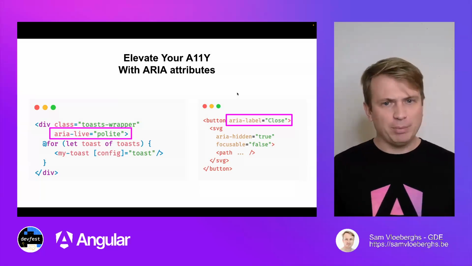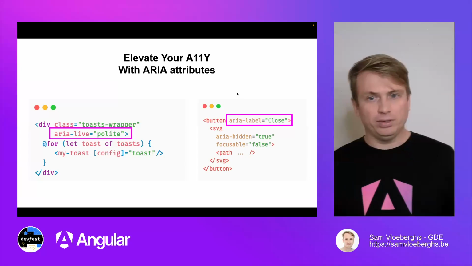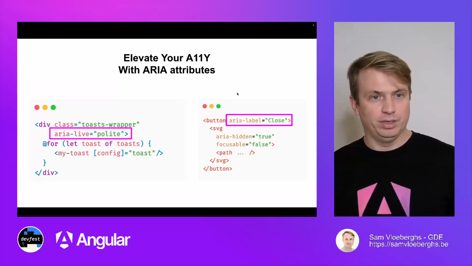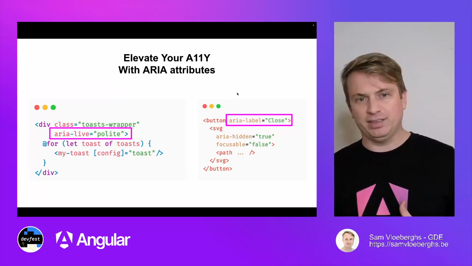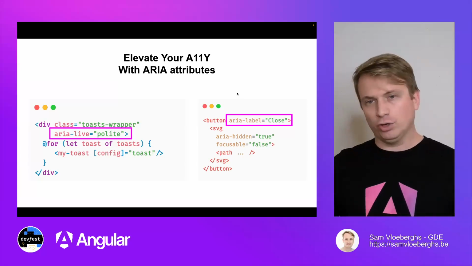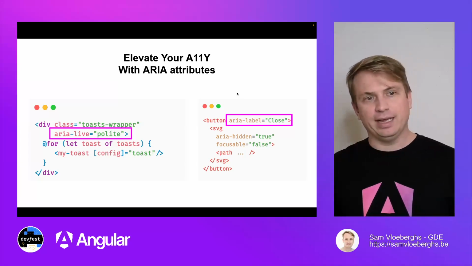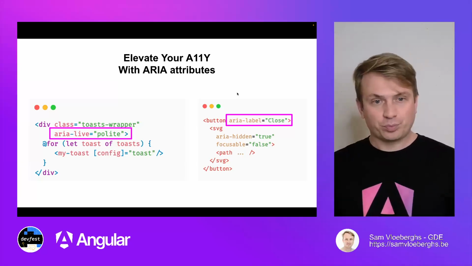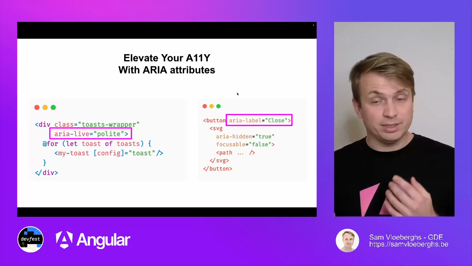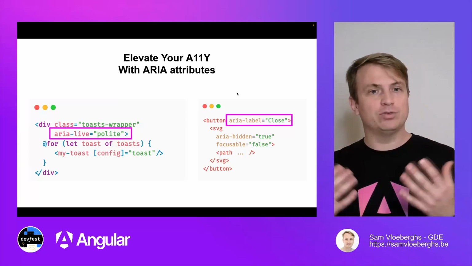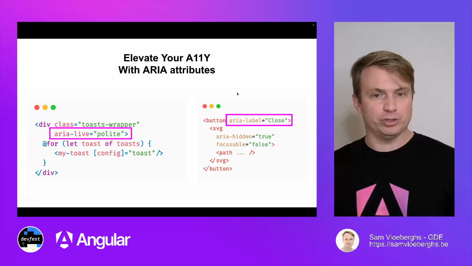In this example, the toasts wrapper contains a list of toasts that might change because of user interaction. For example, when a form is validated, it might give you a toast, hey, there's some error in this form, can you please check it? And then a screen reader or any other assistive software will pick that up and read it out loud to, for example, a blind user using your application.